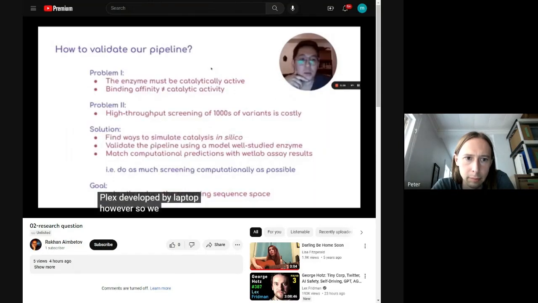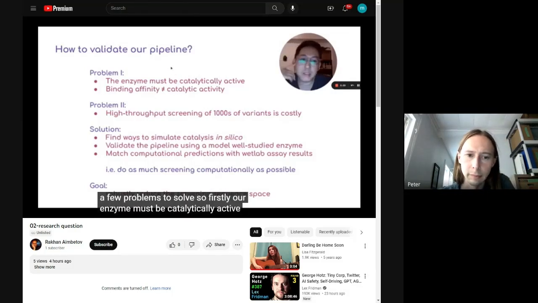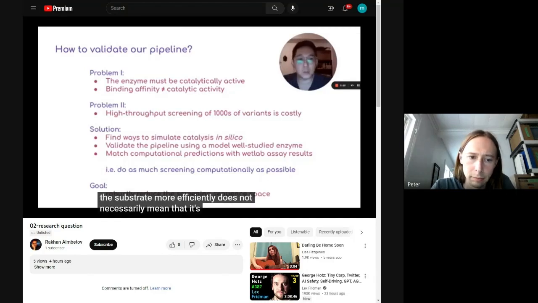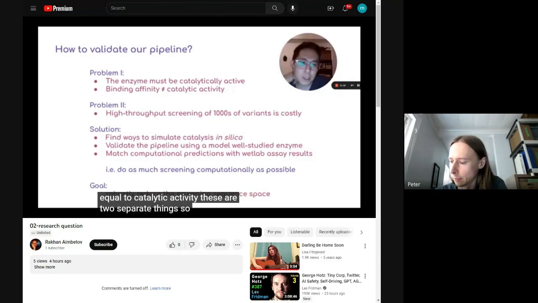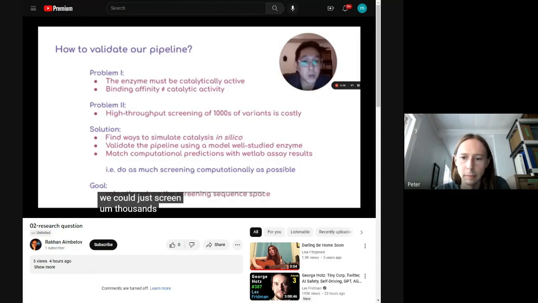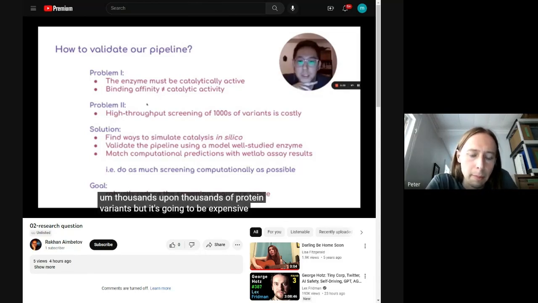However, we have a few problems to solve. Firstly, our enzyme must be catalytically active. The sole fact that it binds the substrate more efficiently does not necessarily mean that it's going to cleave it. So binding affinity is not equal to catalytic activity. These are two separate things. We could screen thousands upon thousands of protein variants, but it's going to be expensive.